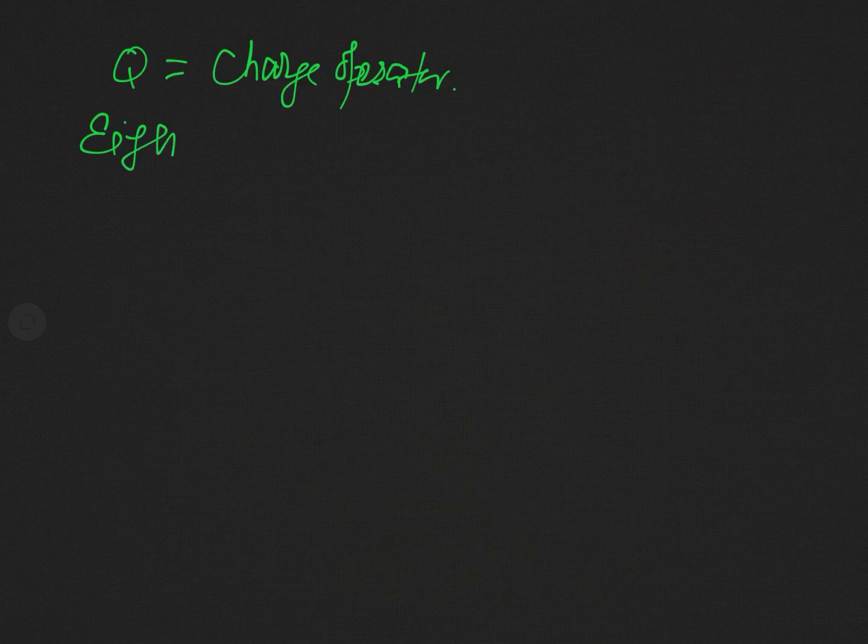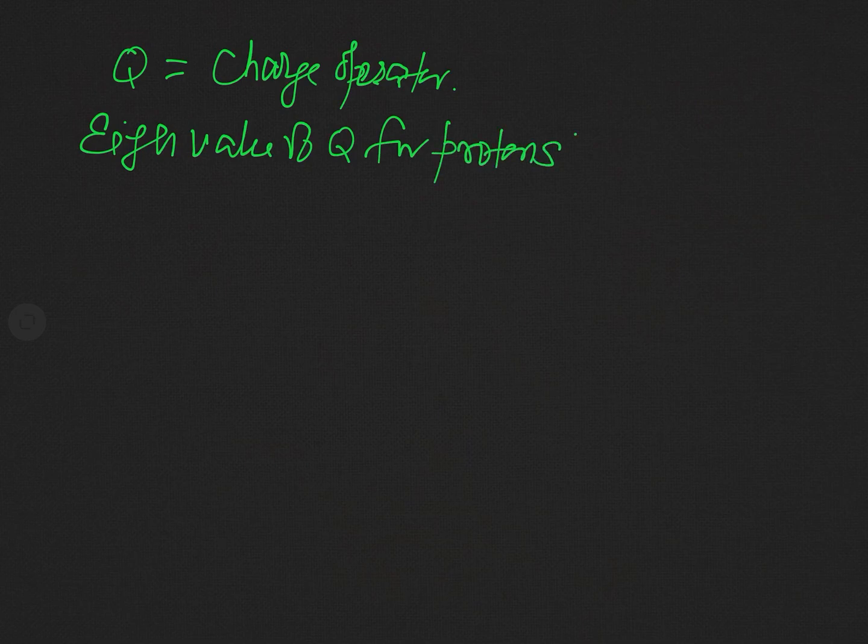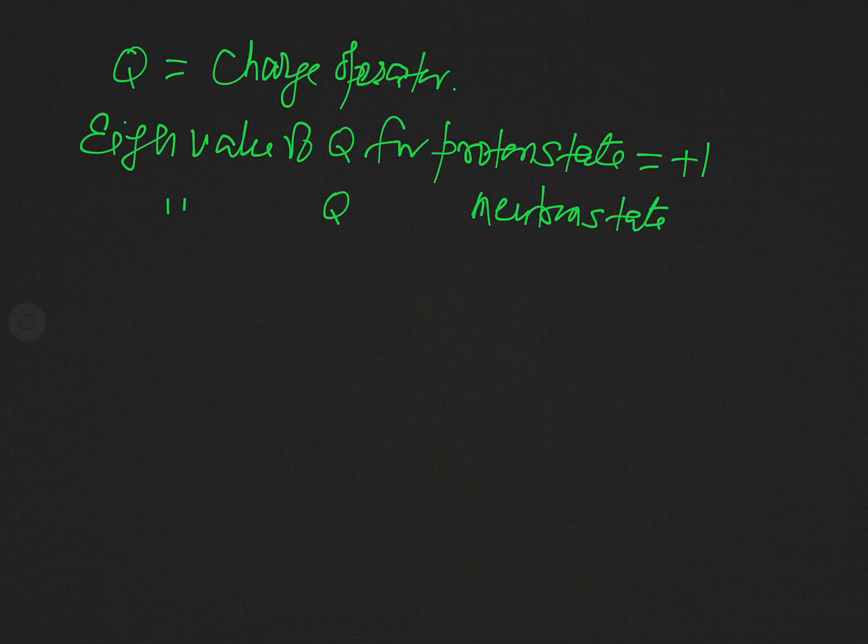So you can write the eigenvalue of Q for proton state is equal to +1, and the eigenvalue of this charge operator Q for the neutron state is equal to 0.